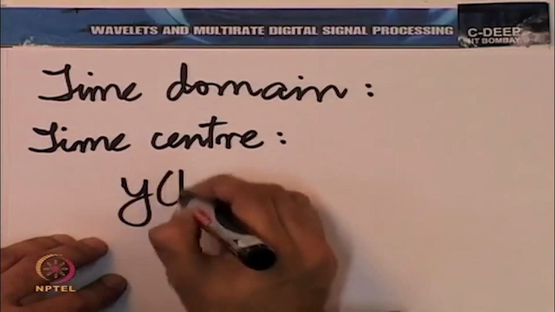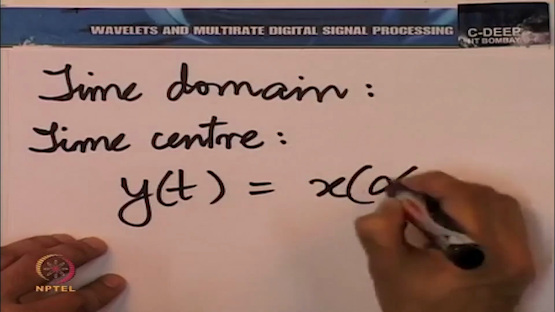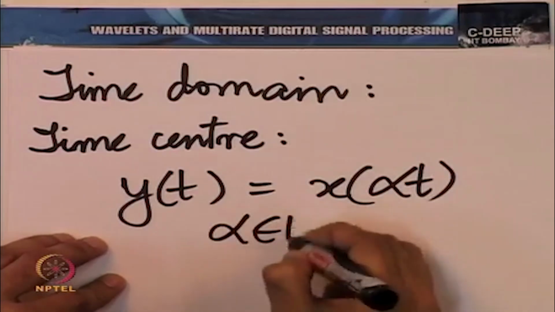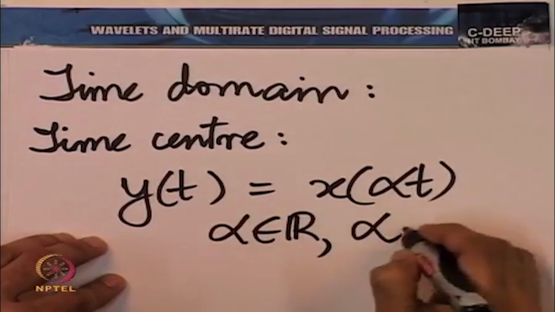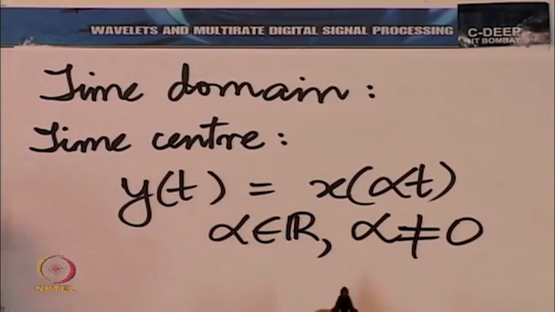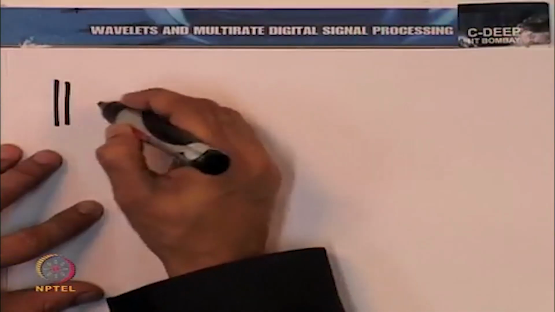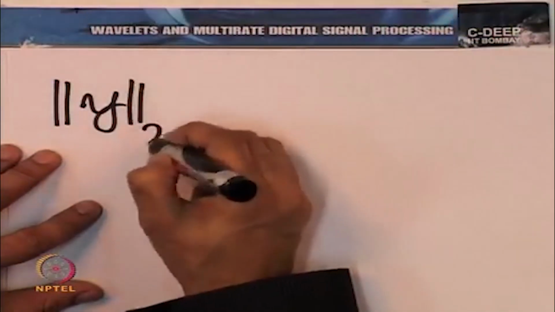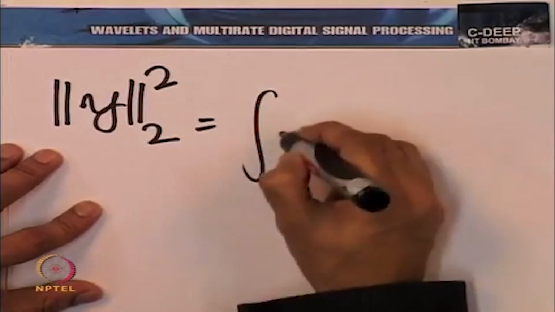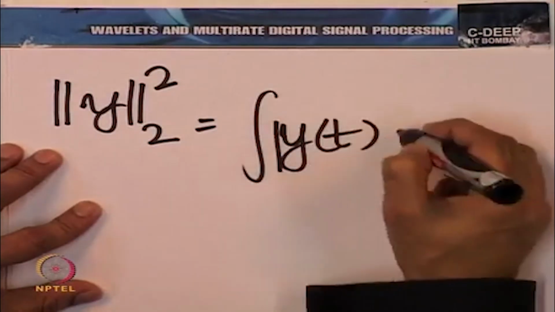Let y t be equal to x of alpha t. As usual, alpha real, alpha not equal to 0. And let us ask, what is the norm of y t, norm squared of y t in the L 2 R sense, against the norm of x? So, the L2 norm of y is this.